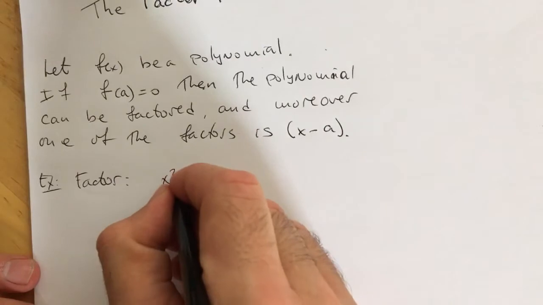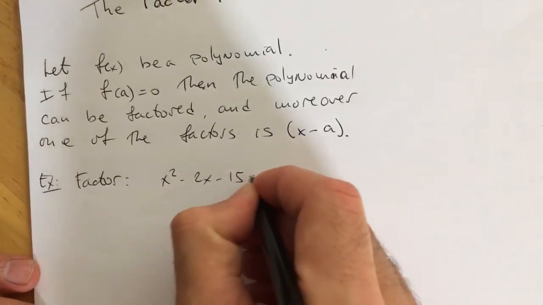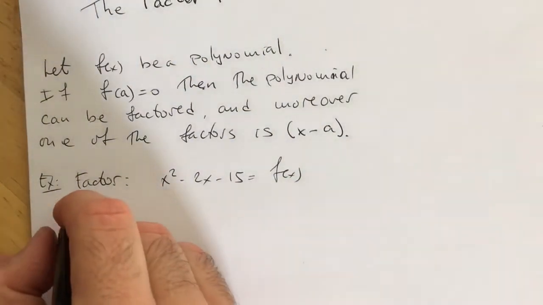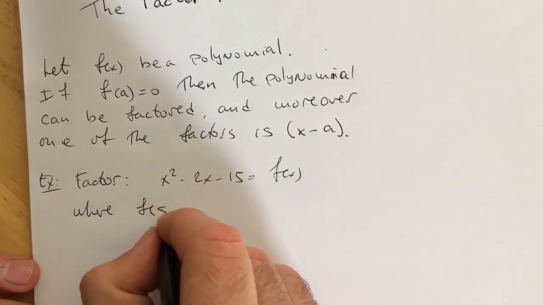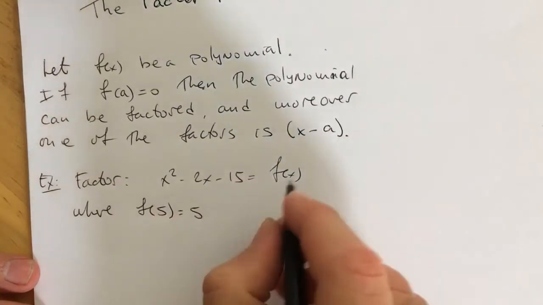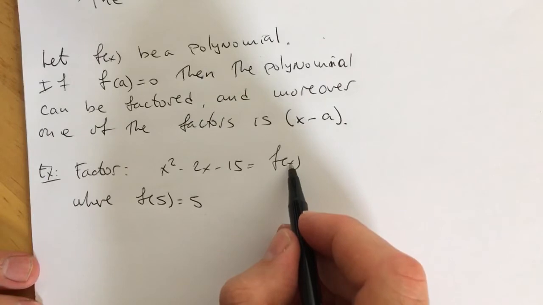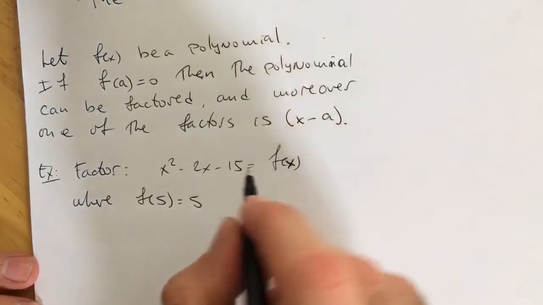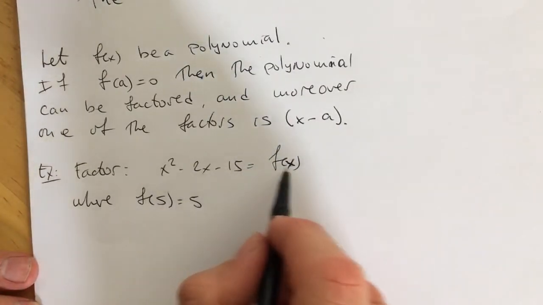Factor x squared minus 2x minus 15. Let's say that this is our polynomial function, okay? Where f of 5, well, how much is f of 5? So if I'm evaluating this function, I hope you know how to evaluate a function. If I plug this 5 here, whatever I put for x here, I have to substitute that number for each x in the definition of this function.